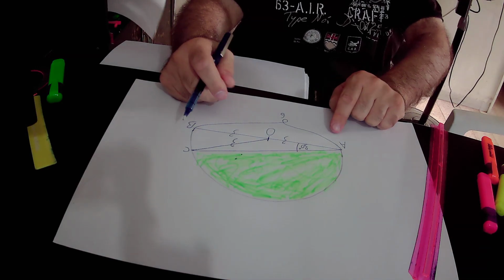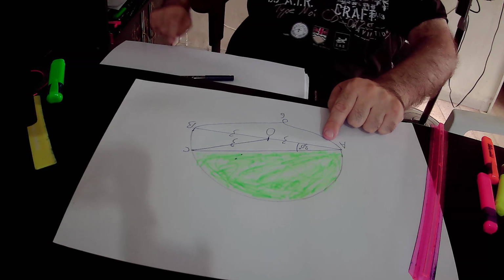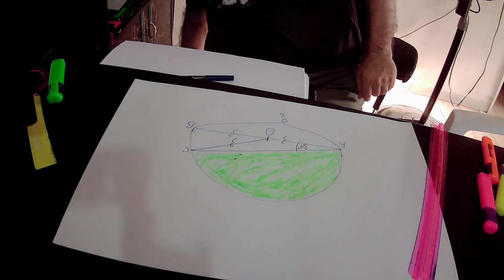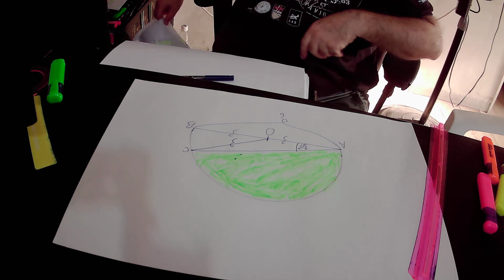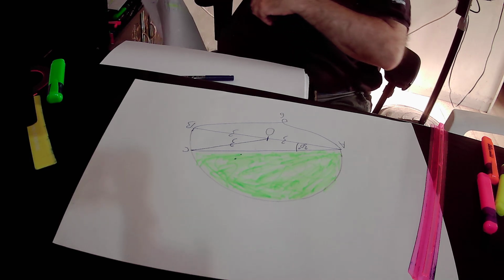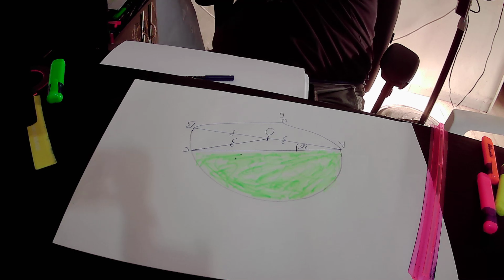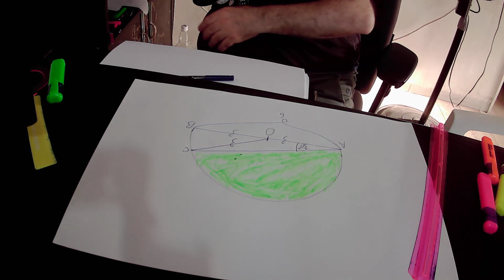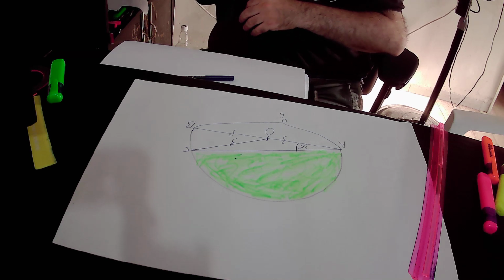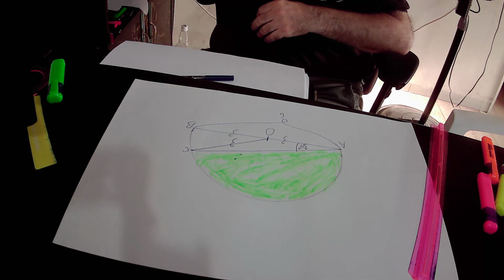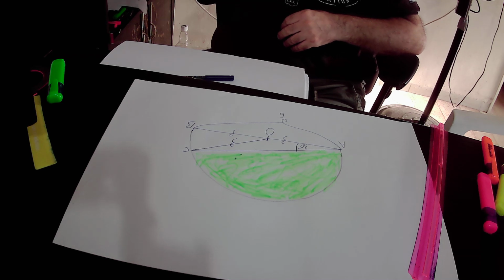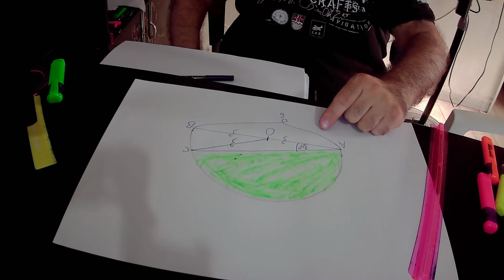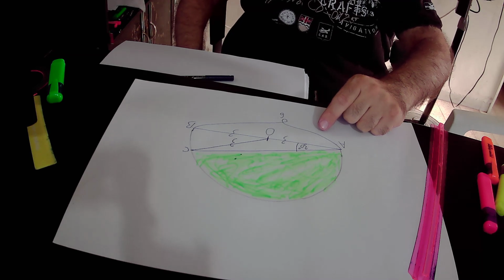And we have the rule that in front of equal sides in the triangle there are equal angles.